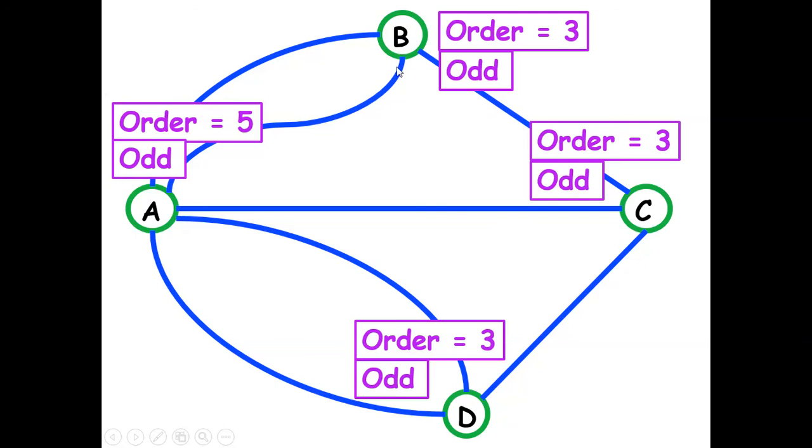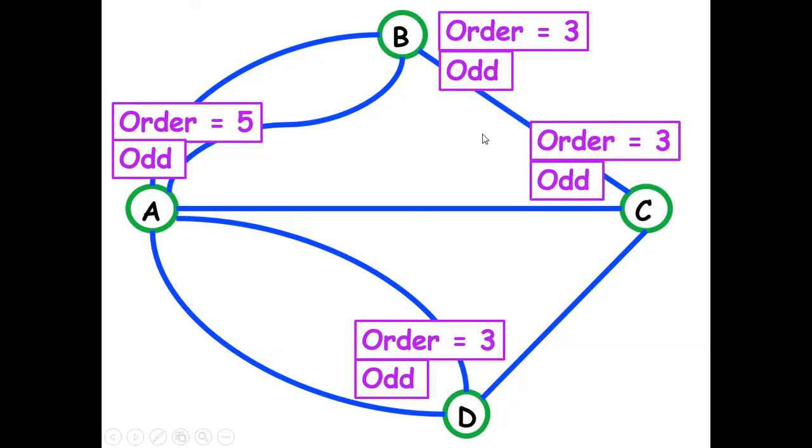A second way is I could take out an arc, for example this arc between node A and B. If I take away one of those arcs, then instead of A having 5 arcs coming out of it, it would change to order 4, which is an even number. Node B, if I take away that arc, would then have only 2 arcs going into it, so it would be order 2, which is an even number.